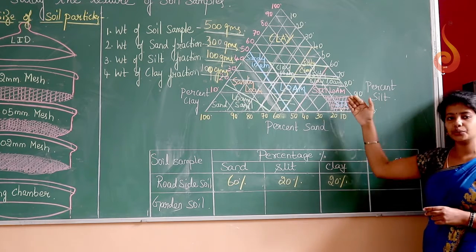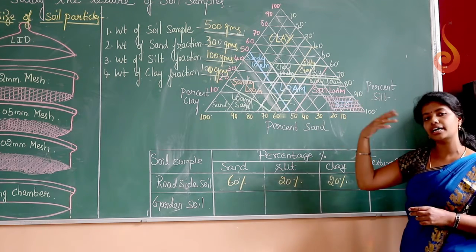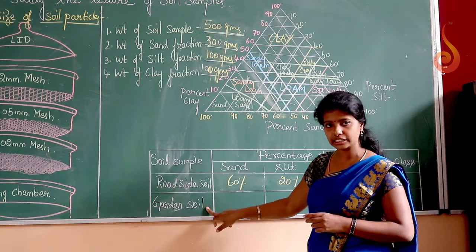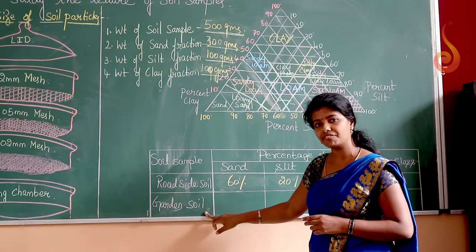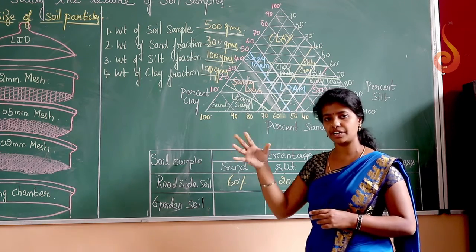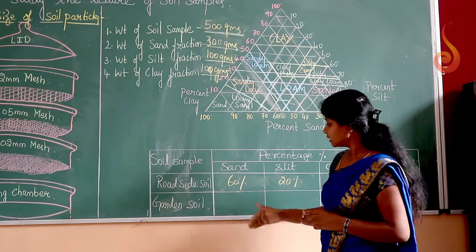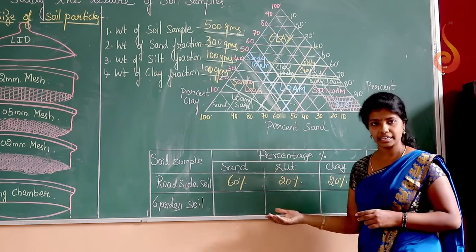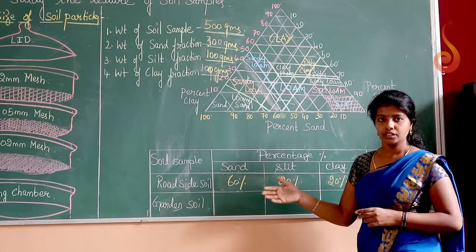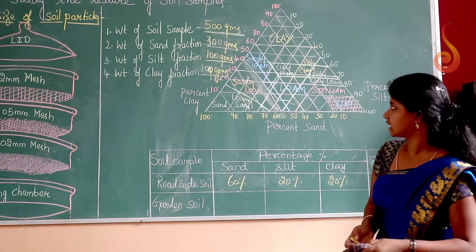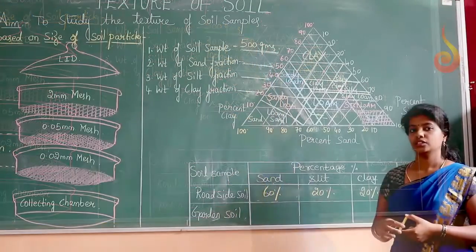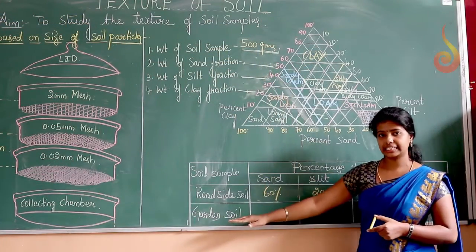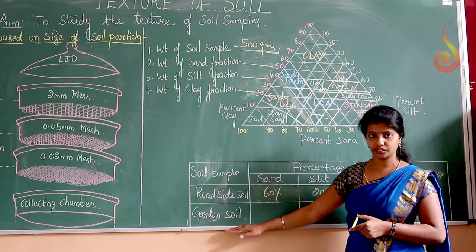Before going to that, let us assume another sample, say a garden soil sample, of the same proportion, 500 grams, but the percentage of sand, silt and clay may vary in that soil. So for example, we'll just assume. Now we'll take up the second sample, that is garden soil.